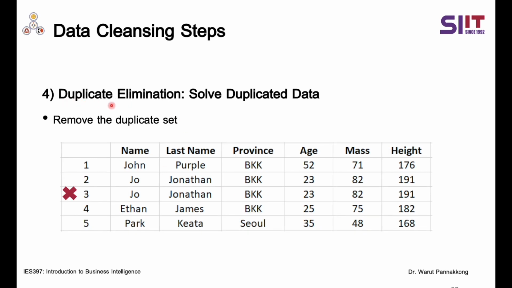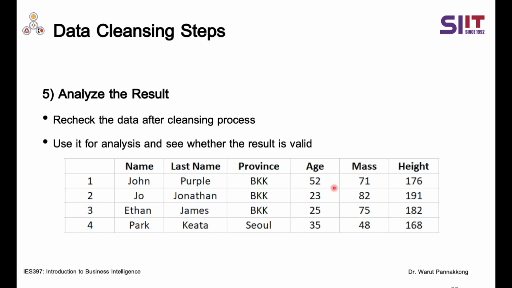Now next is eliminating duplicate data. So for example, Joe appears on both lines. We have to eliminate one. Then analyze the result. Recheck the data after the cleansing process.